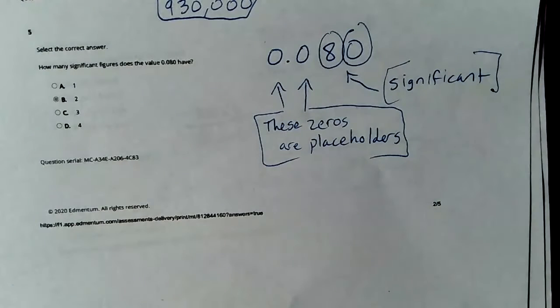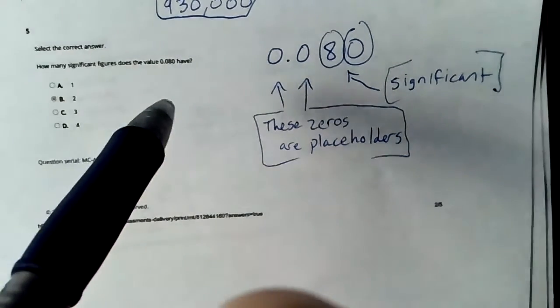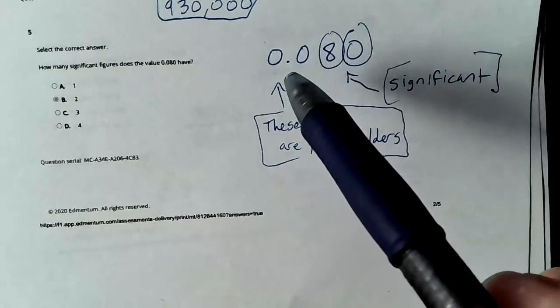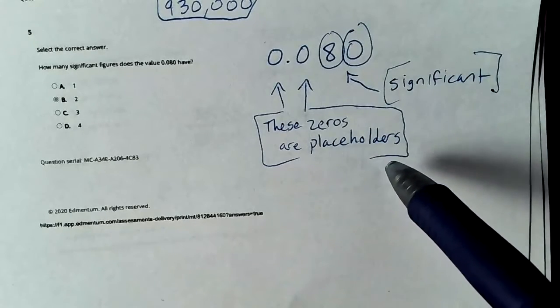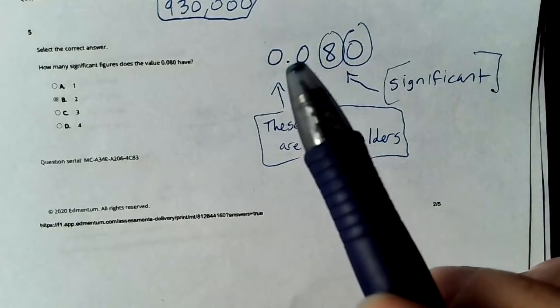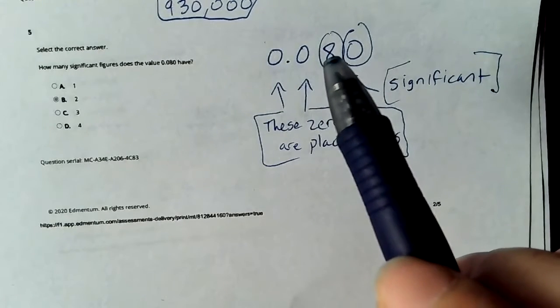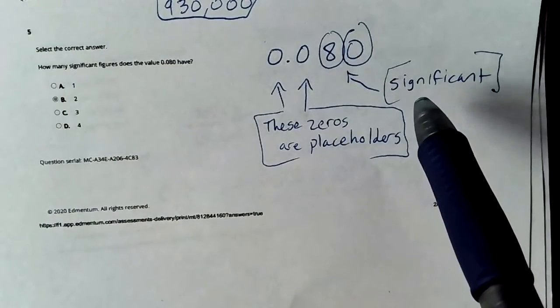Actually, there's another question, not number 5, but we'll get to that in a second. This is another significant figure question. After a decimal point, that 0 is a placeholder, so it is actually not significant. However, the 8 and 0 are significant figures.